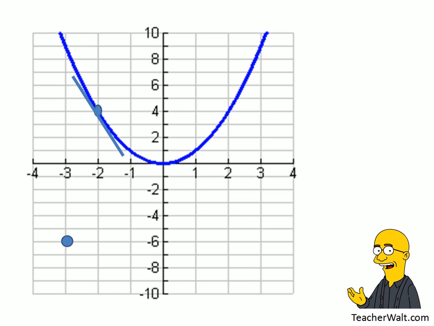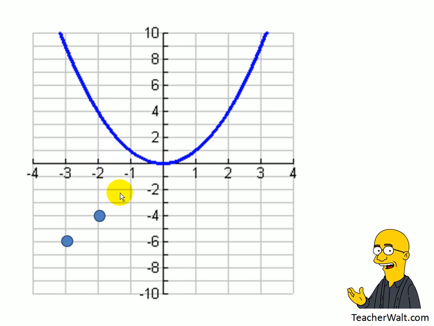So notice this curve is decreasing, and sure enough, when you put a tangent line at a point on that curve, when the curve is decreasing, the tangent line will invariably have a negative slope. Now notice here at -2 we have this slope, and if we were to plot that point, we get -4. In other words, I'm plotting the point -2, comma, and the slope of this line, which is -4.